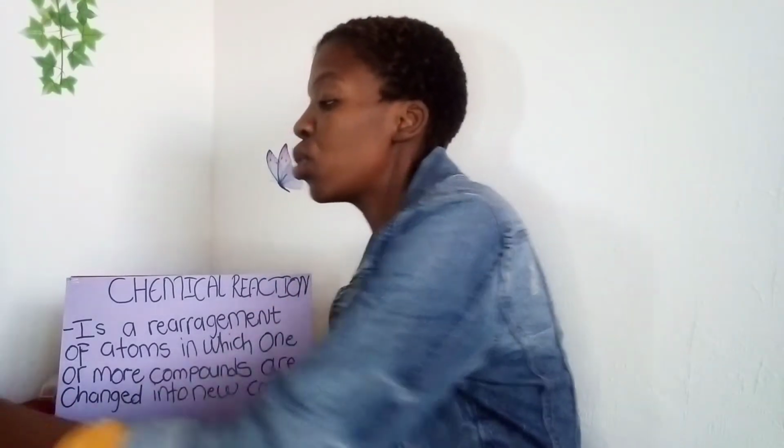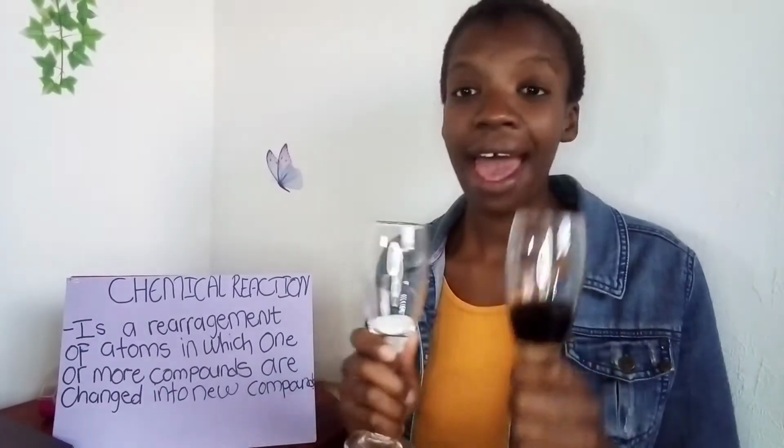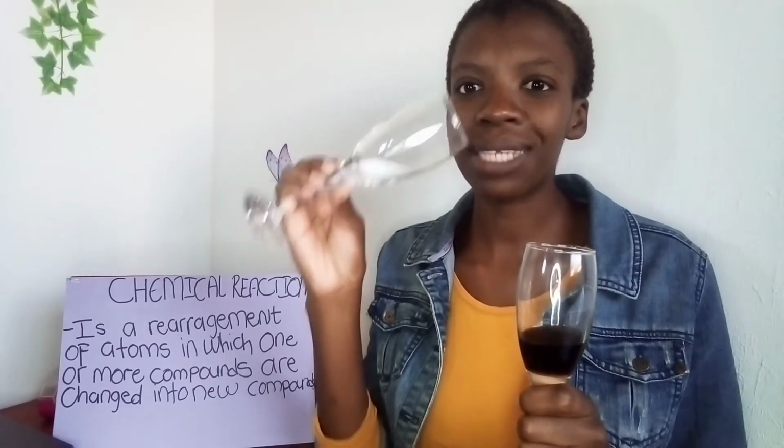Over here we have our two champagne glasses, with substance A and substance B. Substance A is our vinegar. You can have vinegar in white, clear or black color, but the color doesn't matter.